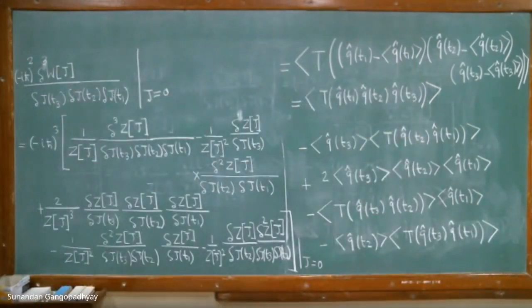So this is one thing that I wanted to demonstrate to you, and I also wanted to introduce the two different functionals. Zj, we have already seen how to work with and what its importance is. And now you can see another functional, which is called the Schwinger functional, Wj, and we have seen how it works.